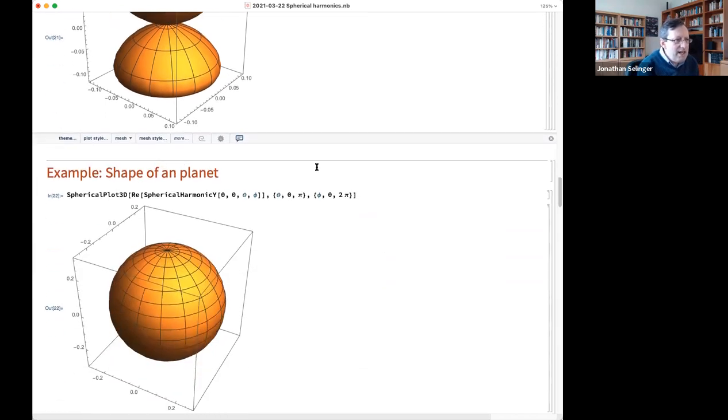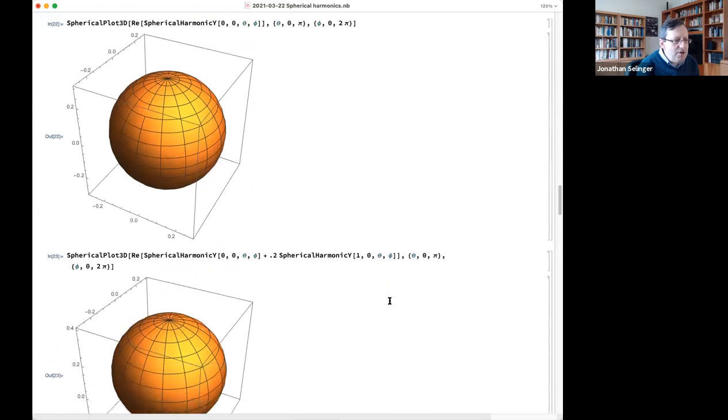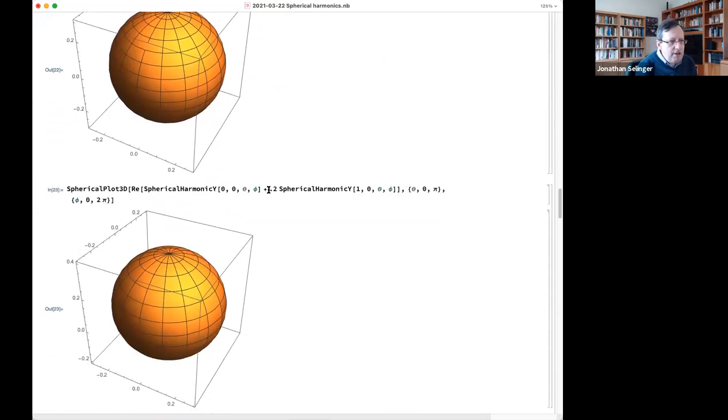Okay, so here in this example, here's a plain sphere. So it's the 0, 0 spherical harmonic. And now, what if we wanted to mix in a little bit of the 1, 0 spherical harmonic?